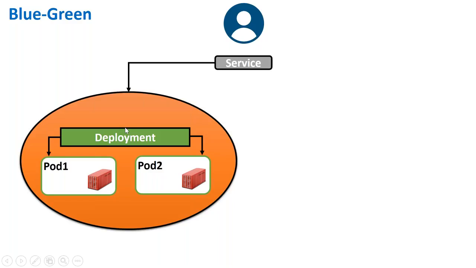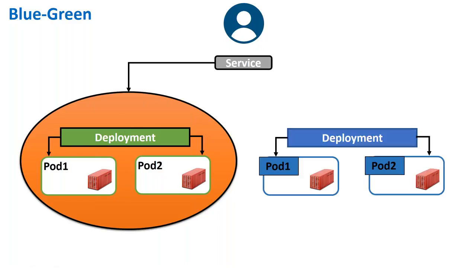Instead, we will create a new deployment object based on the new build image or the version that you want, and accordingly new replicas will be available. So here you are creating another deployment object completely, just as an example.